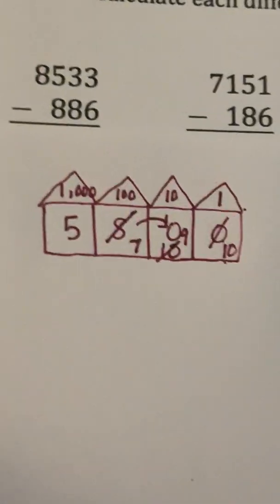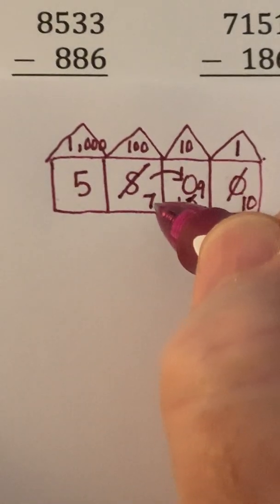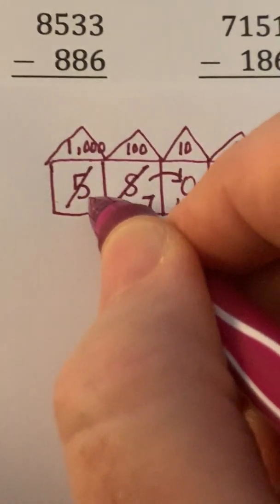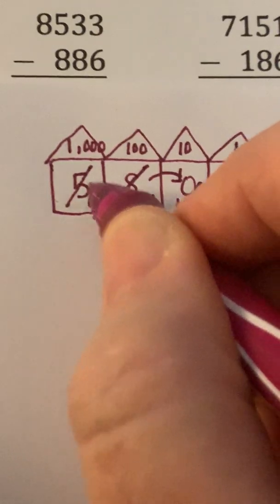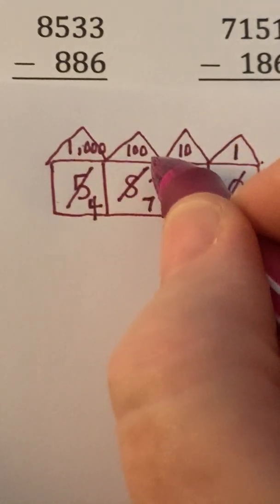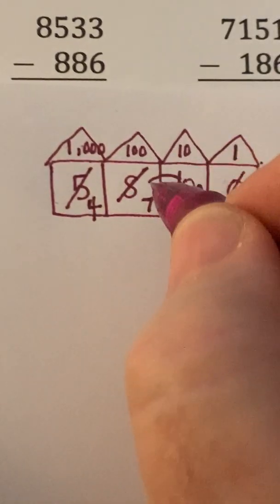Let me go back to my houses. What I needed to do is I went next door. I borrowed 1,000. So that's 1 less, and bring this one back. When you turn 1,000 into hundreds, there's 10 of them.